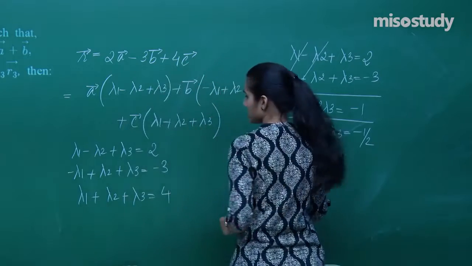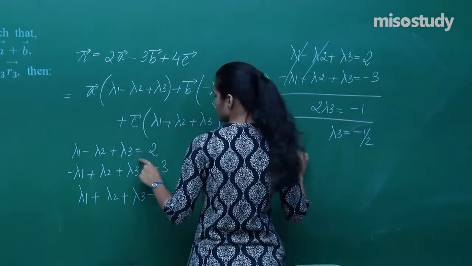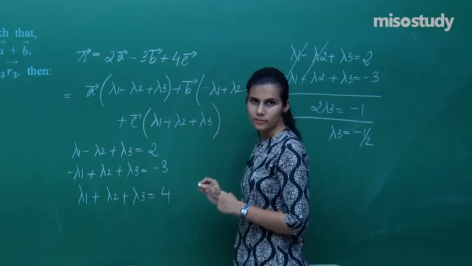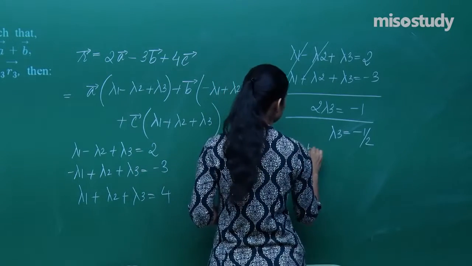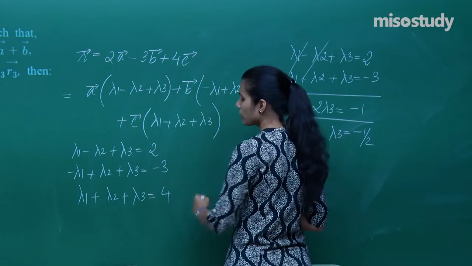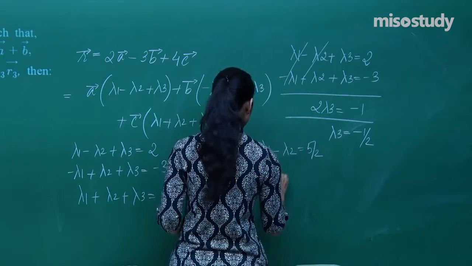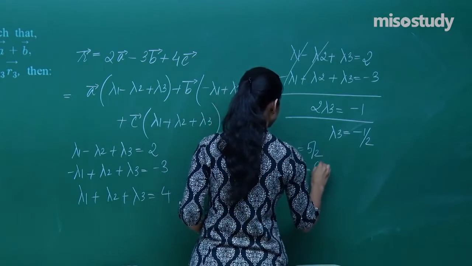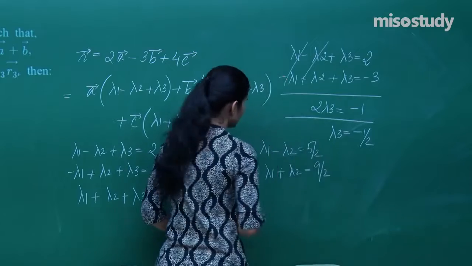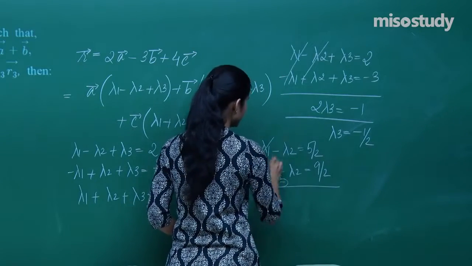When you substitute lambda 3 in the first equation, you get lambda 1 minus lambda 2 is 2 plus 1 by 2, which is 5 by 2. And when here you substitute minus 1 by 2, it is 4 plus 1 by 2, which is again 9 by 2. So you get lambda 1 plus lambda 2 is 9 by 2. Now what you do is, basically lambda 1 gets cancelled.